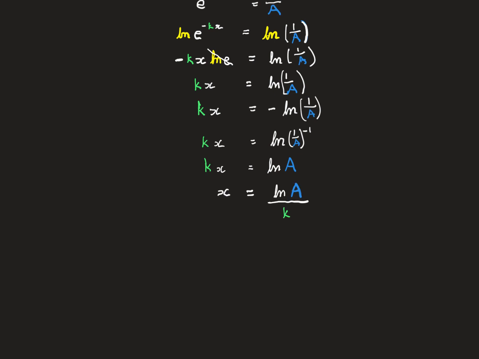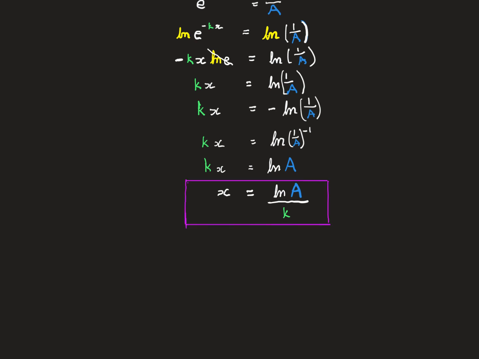And so you can see that A is a constant and k is a constant, and instead of us going through this extensive rearrangement and manipulation, we know that x is just ln A over k.